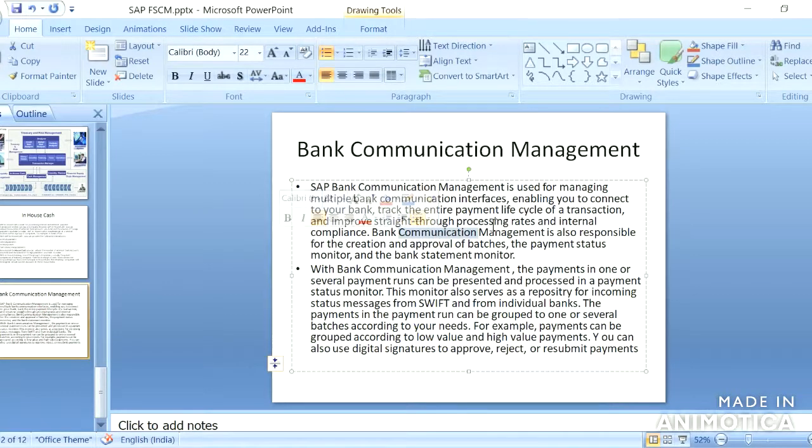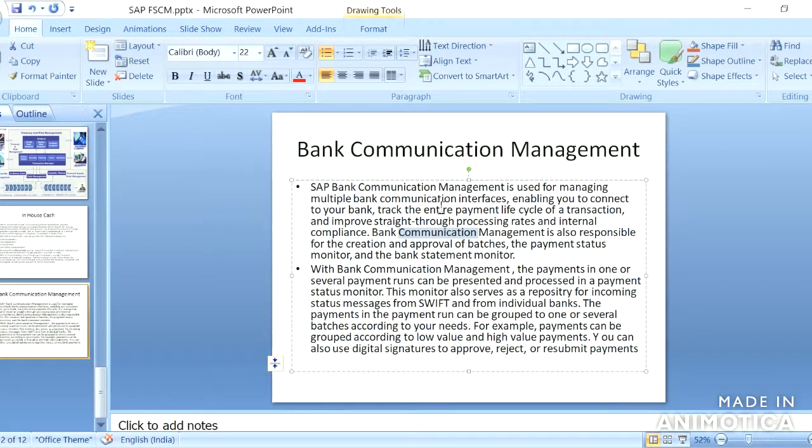Bank communication management is used for managing multiple bank communication interfaces, enabling you to connect to your bank, track the entire payment life cycle of a transaction, and improve straight through processing rates and internal compliance. Do you understand?